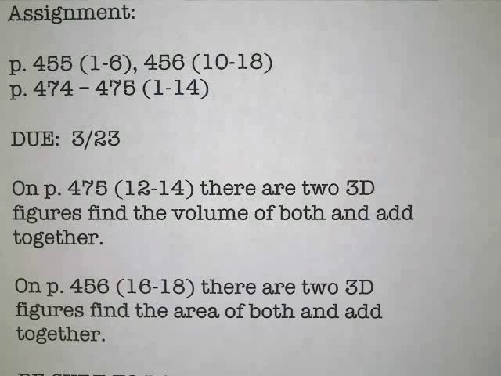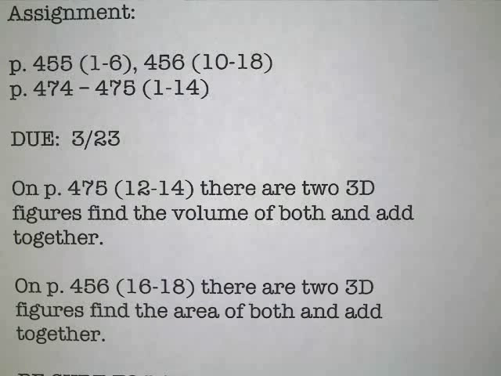For page 475, 12 through 14, it's a three-dimensional figure that's two-sided. So it's a cone on one side and a cone on the other side. This one is going to ask you for volume. If you can find the volume of the first cone, you multiply it by 2 because you have 2 of the identical cones.